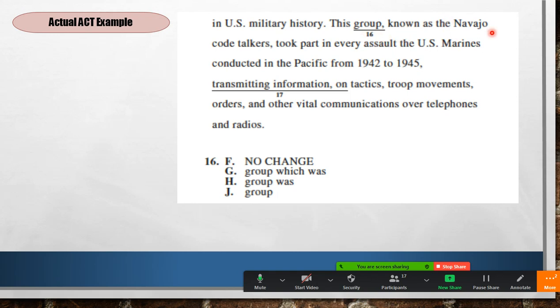Yeah, the group was known as, or you will just write group. Which one is the correct one? This group was known as the Navajo Code Talkers. This is your answer? H. Do you agree, all of you?